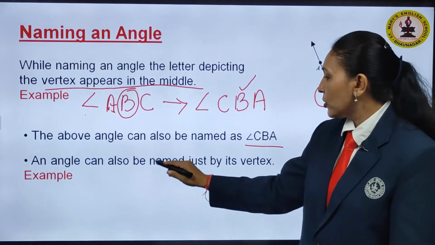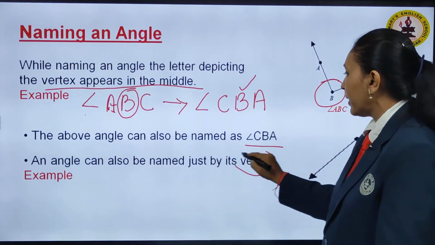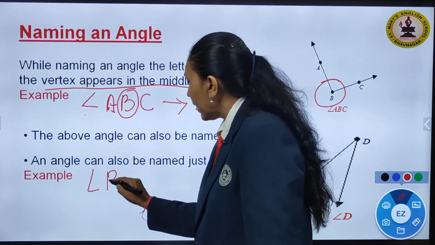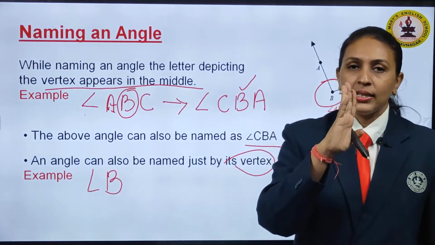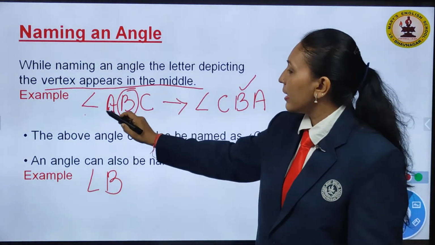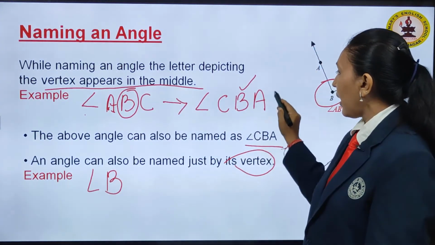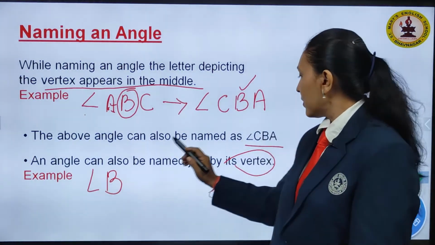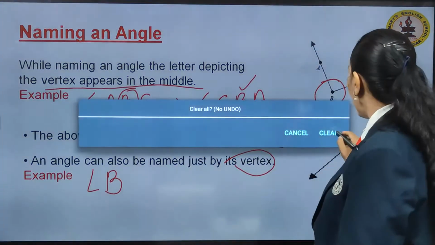An angle can also be named just by its vertex, that is you can also write the given figure as angle B only. So these are the three ways to name the given angle. You can either name it as angle ABC, angle CBA, or only angle B, right? Okay. So this is what you need to understand and remember very well.